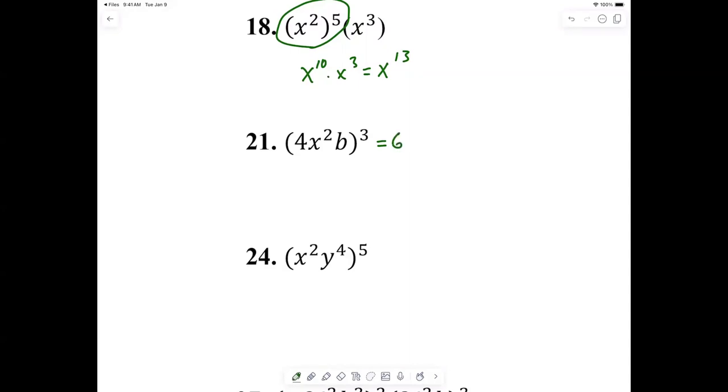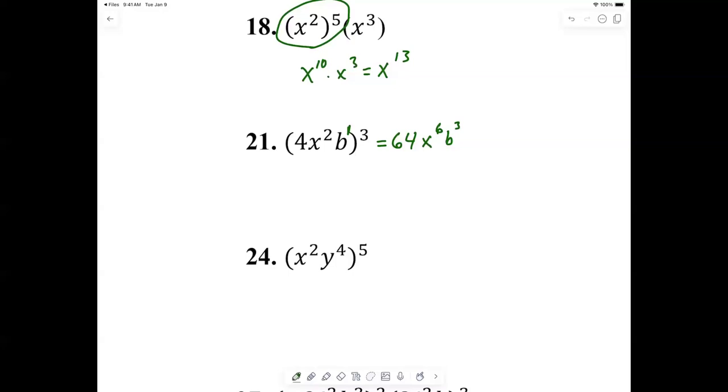Don't worry, don't worry. 64, then keep going. 64 x to the power 6 minus b to the power 4. Multiply exponents. All right, just takes a little bit of practice.